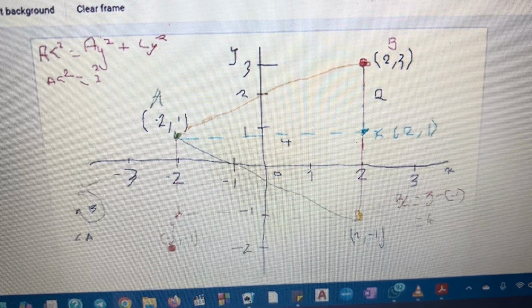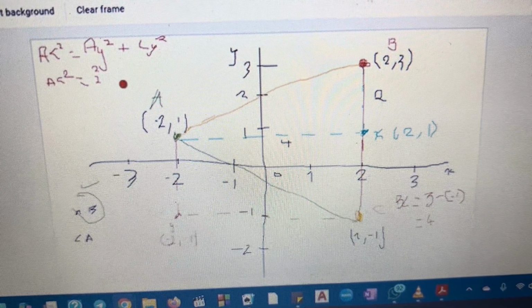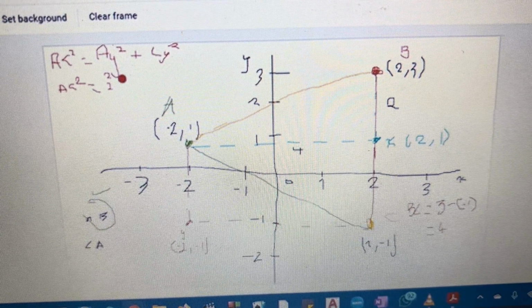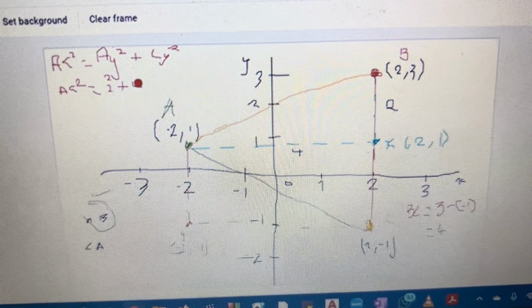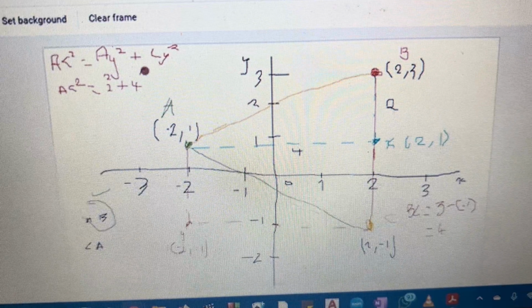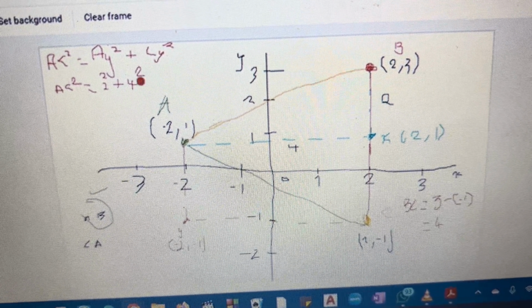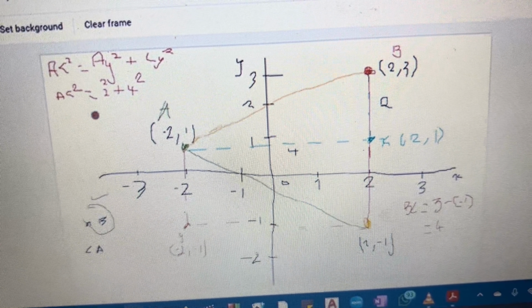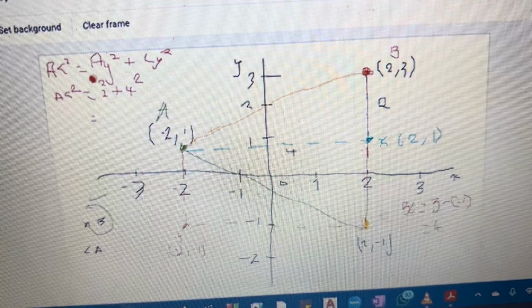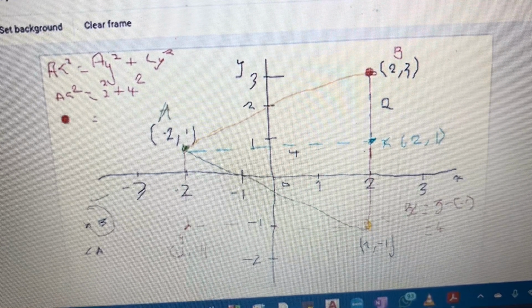So you just simply add 2 plus 2, which gives us 4. So 2 squared plus 4 squared, which is almost the same as the one we had. The only thing that has changed here is that the 4 squared is after the 2 squared. So this gives us 20. 2 squared is 4, 4 squared is 16, 4 plus 16 is 20.